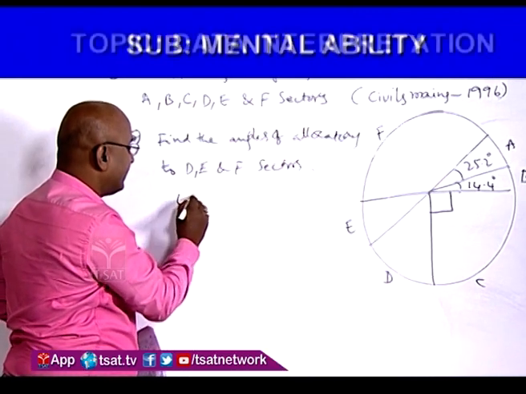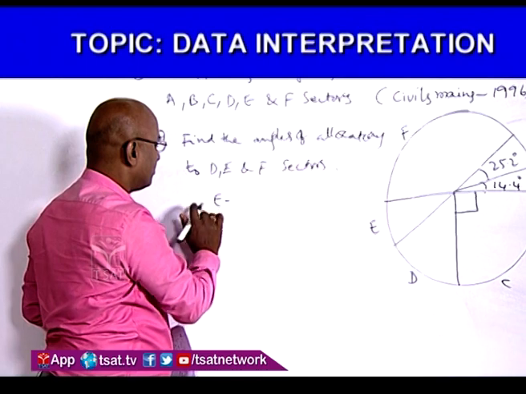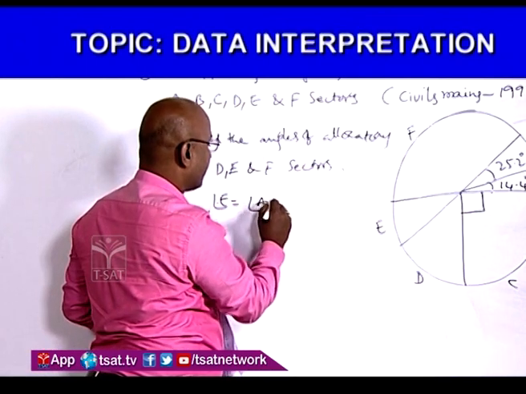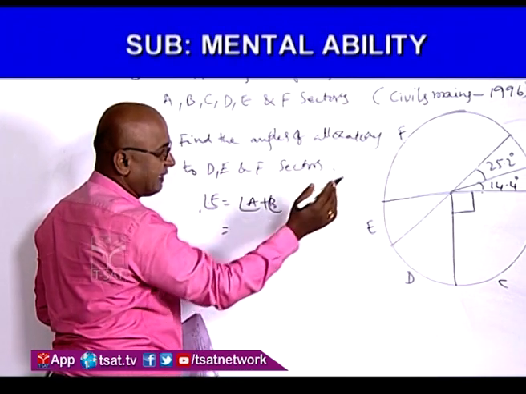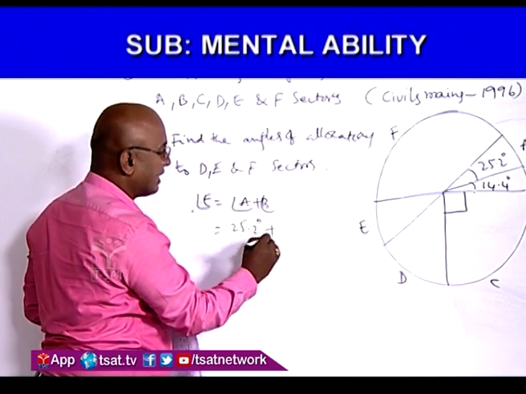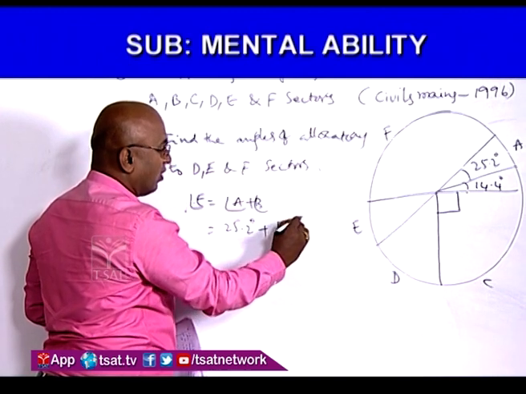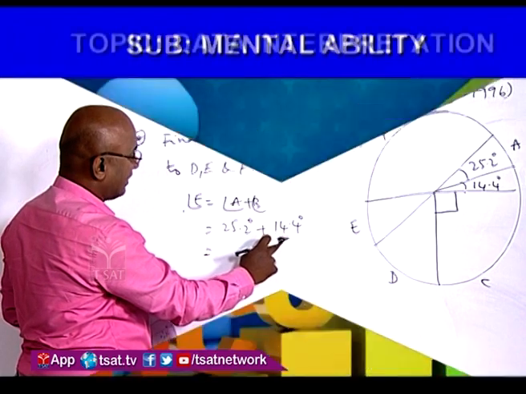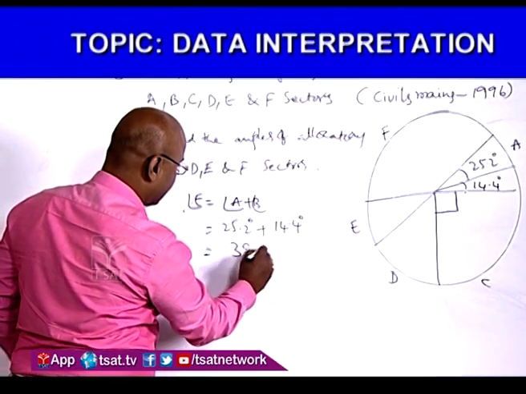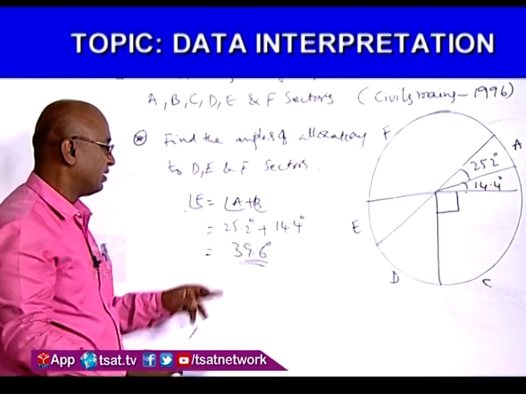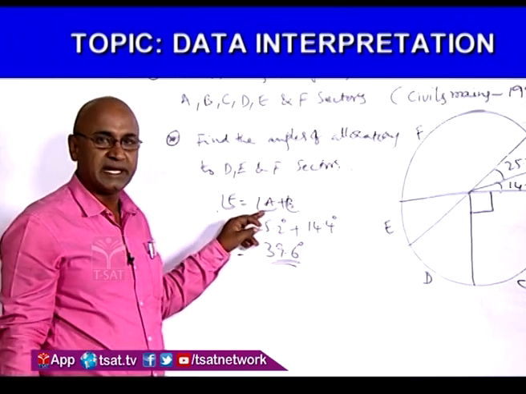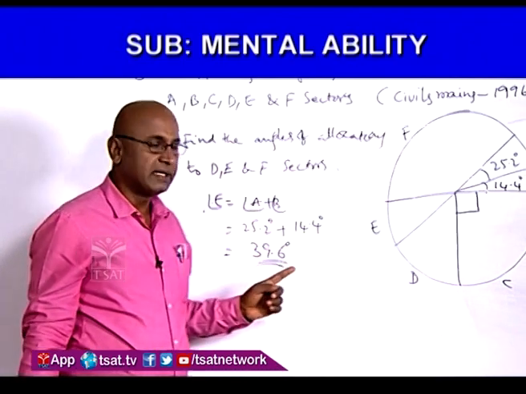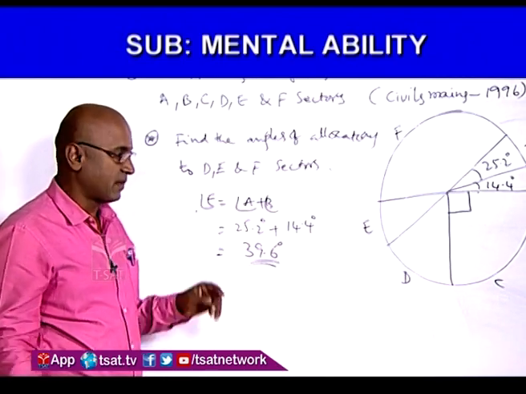Now, angle E is equal to angle A plus angle B. That is equal to angle A is 25.2 degrees and angle B is 14.4 degrees. Now 25.2 plus 14.4, that is equal to 39.6 degrees.